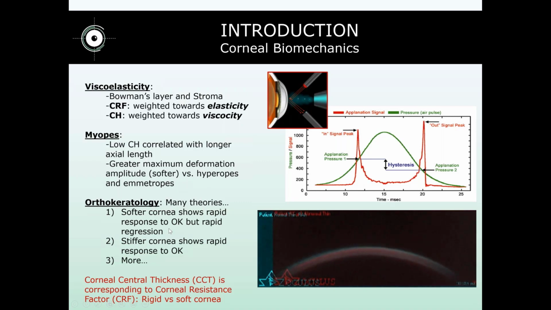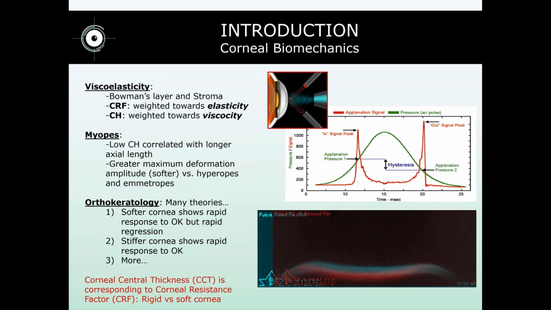Now, with ortho-K, there are a lot of theories, all related to how rapid the response is, how rapid the regression is, how stable, how much force we need to put on. Not everybody can have a machine called ORA to measure the CH and CRF.